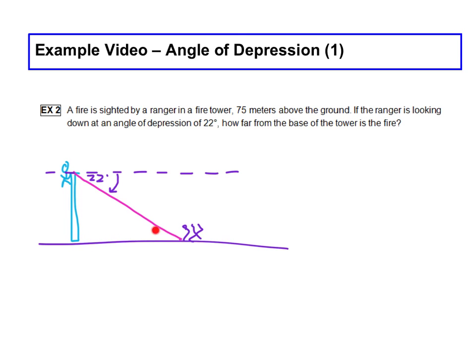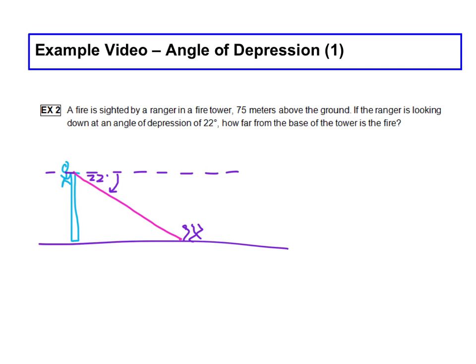Okay? So I'm hoping you are noticing we did have a triangle being formed right here. This is a pretty nice right triangle that we can use. The problem with our angle of depression is that it's not inside our triangle. One thing, if you remember from Geometry A, this horizontal line I drew in is parallel to the ground right here. And this line of sight from the ranger to the fire is like a transversal. So we actually have alternate interior angles.